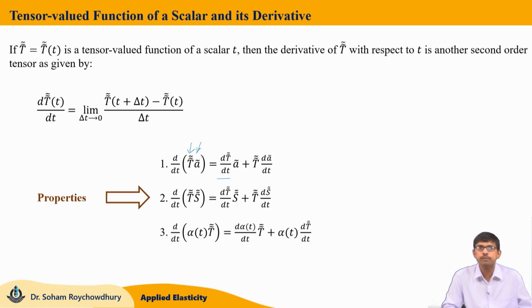And coming to the third property, if the tensor T is multiplied with a scalar valued function of time, alpha(t) times T, and we take its time derivative, there will be two terms. First, the derivative of the scalar valued function, d alpha/dt, followed by tensor T, plus alpha(t), the scalar function remaining as it is, times d/dt of the tensor T. So, all these chain rules of differentiation are valid for the derivative of tensor valued functions as well.